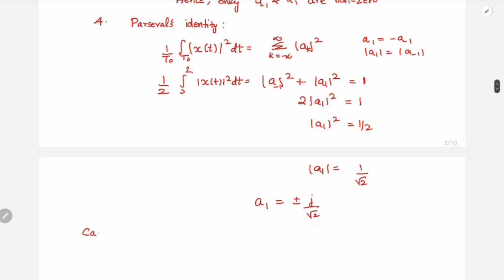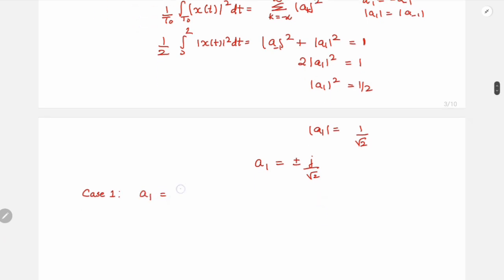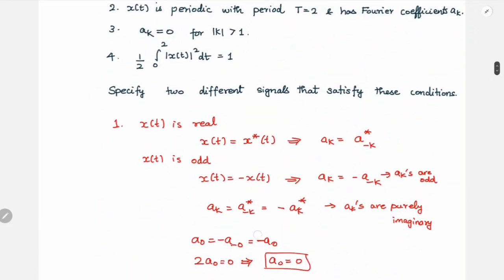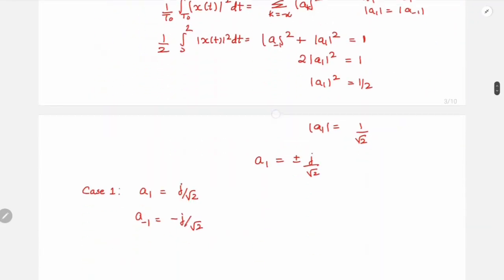So since a1 is purely imaginary, a1 can be plus or minus j by root 2. So we'll go with case 1. They're asking for two signals. So these will give correspondingly the two signals. So a1 equal to j by root 2. So in this case, what will be a minus 1? Since it is odd, it will be minus j by root 2. So then we can find x of t by substituting it in the Fourier series.